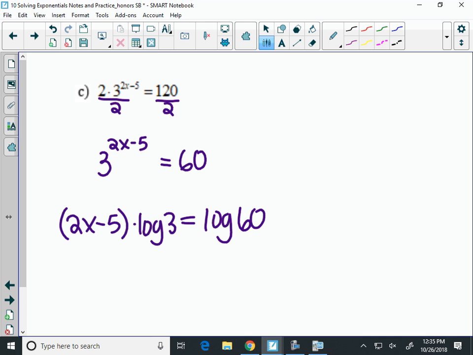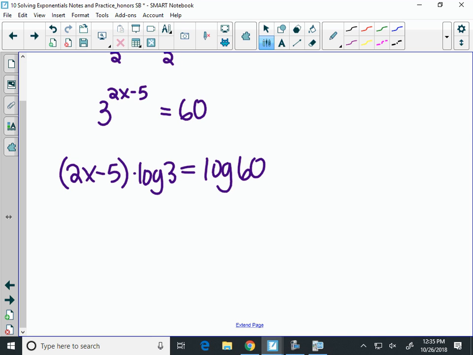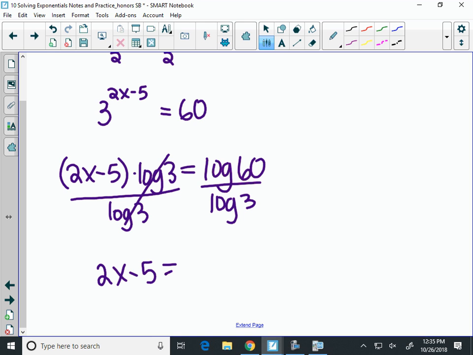You're good. All right, what is the next step you are going to take? Divide by the log, right? Ignore what's in the parentheses here and jump right to that. It's a lot of writing, but you still have 2x minus 5 equals log of 60 over log of 3.